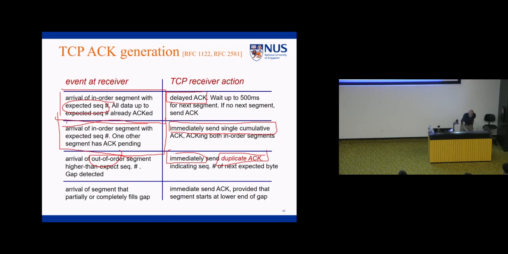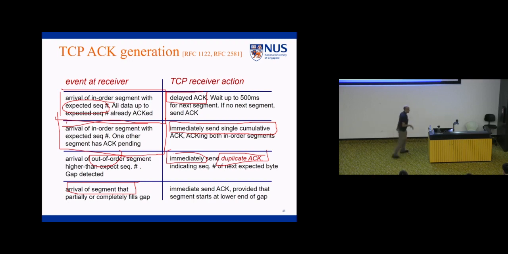Also, if after a while you get a packet that fills the gap, meaning you were waiting for 92, you didn't get 92, you got 100, but after a while you got 92, which you were expecting. Again, this time you should not do delayed acknowledgement, you should send it out immediately.